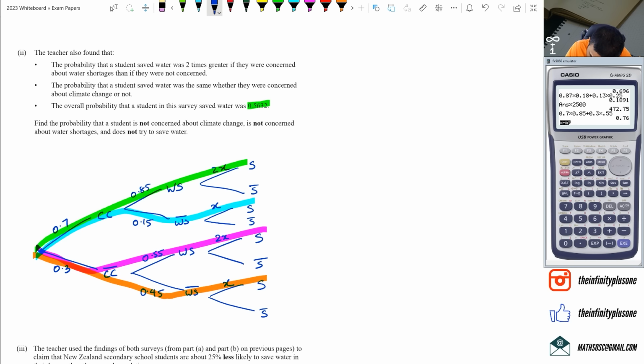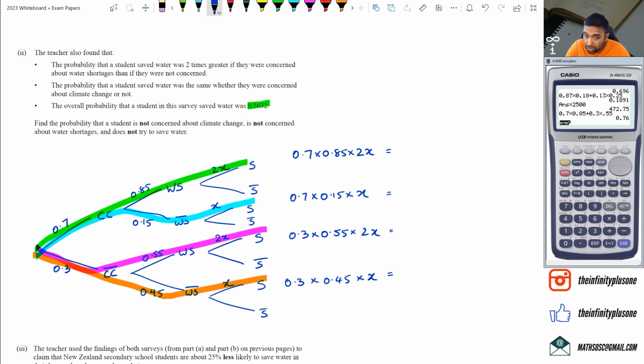So if we're going to work it out, we're going to get 0.7 times 0.85 times 2x. And then here we've got 0.7 times 0.15 times x. Here we've got 0.3 times 0.55 times 2x. And 0.3 times 0.45 times x. So I'm going to work out all of these 4 branches first, and then when I add them up, I should get them all equal to 0.5632.